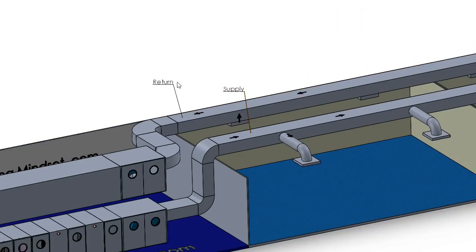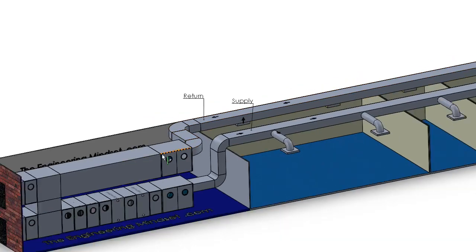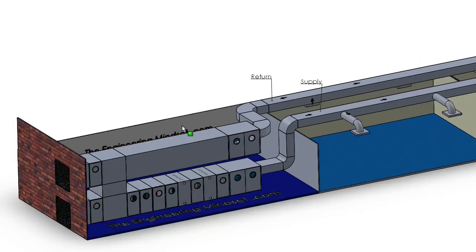You can see I've also labeled them here: supply and return. So all that air is going in, pushing into this room, circulating around, conditioning it, and then it's entering back into the return duct, and that makes its way back into the return side of the AHU.